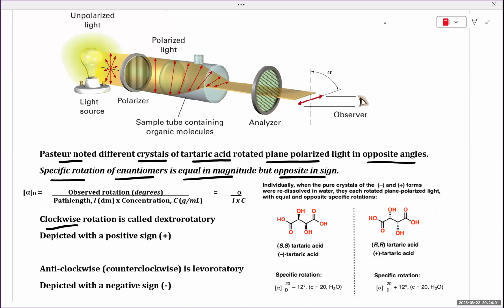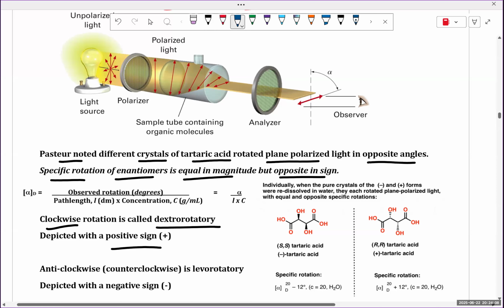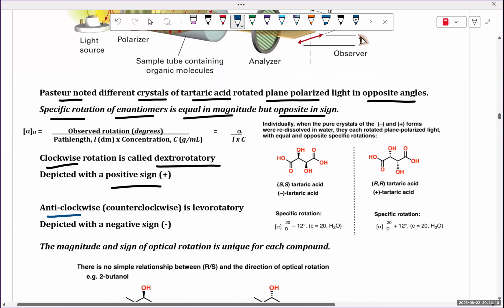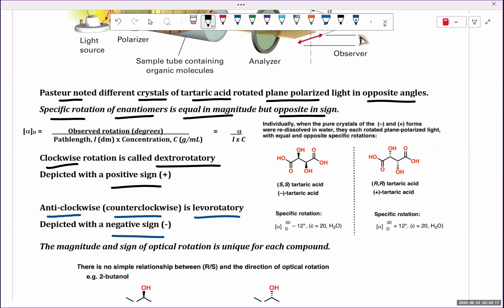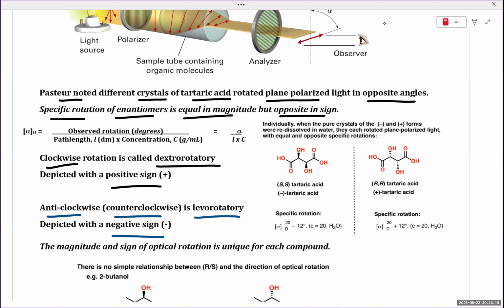We call clockwise rotation dextrorotatory, which is depicted with a positive sign, while anti-clockwise or counterclockwise rotation of plane polarized light is levorotatory, which is depicted with a negative sign. For example, if we compare these two tartaric acid enantiomers, one enantiomer has a specific rotation of -12, while the opposite enantiomer has a specific rotation of +12.